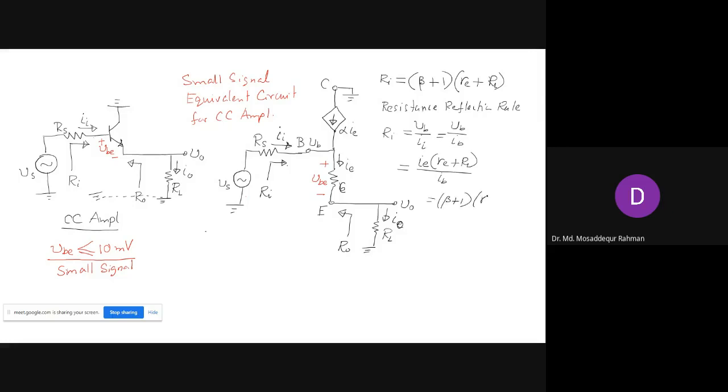So beta plus 1 times RE plus RL, which leads to the same expression. If you just remember this resistance rule, you can straight away write down the expression for the input resistance without going through these steps.